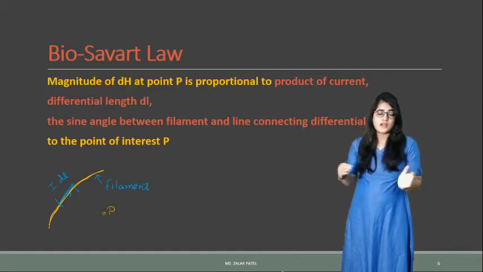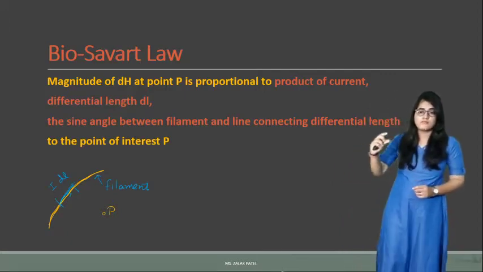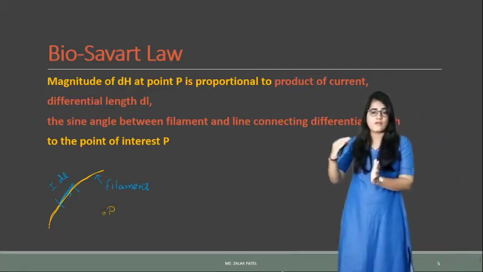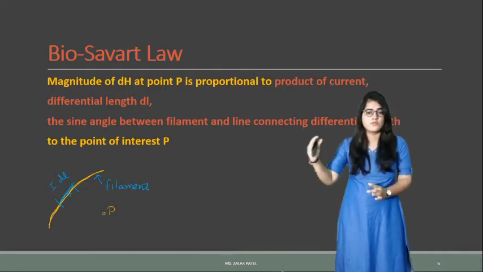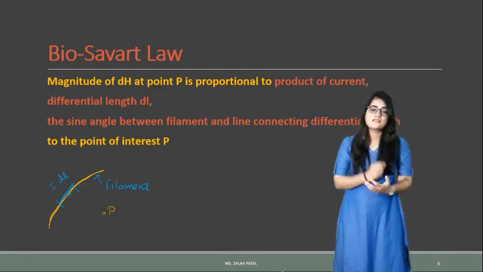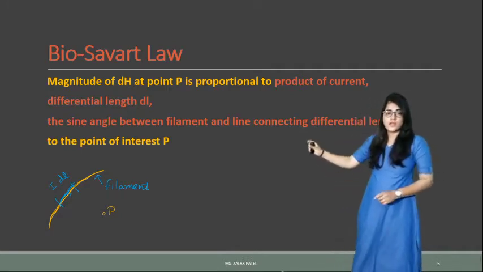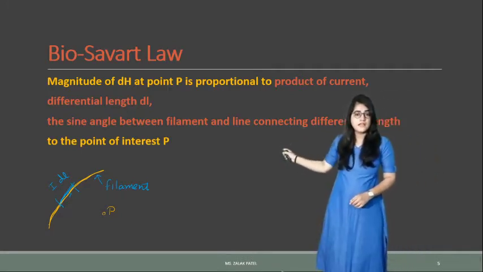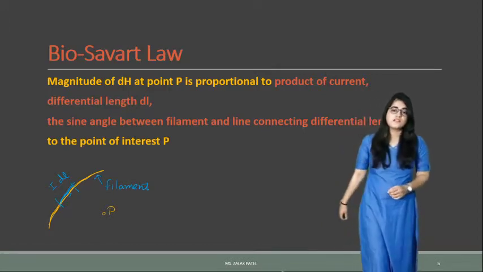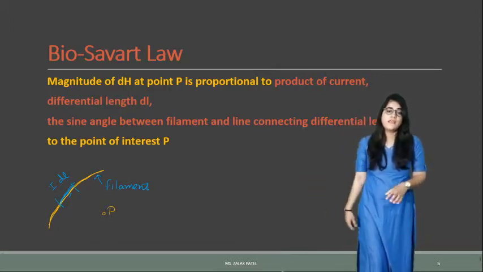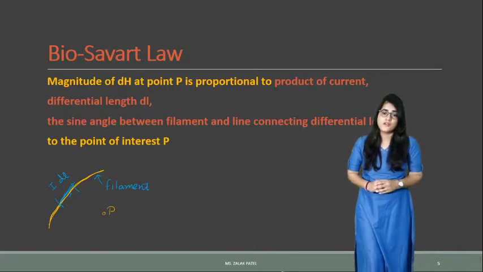In that current filament we have taken some small lengths, dl1 to dln, and each has some amount of current flowing through it. Let's take that in blue color, that is I dl. I dl is our small current filament, and point P is where we require to find out the field intensity.